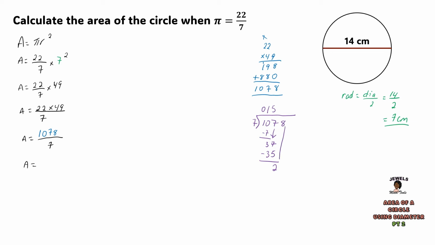We bring down that 8, changing 2 into 28, and 7 divides into 28 4 times, and 4 times 7 is equal to 28, and 28 minus 28 gives us the difference of 0. So we see that our area for our circle is 154. Our units is centimeters, and remember that area is always in squared units.